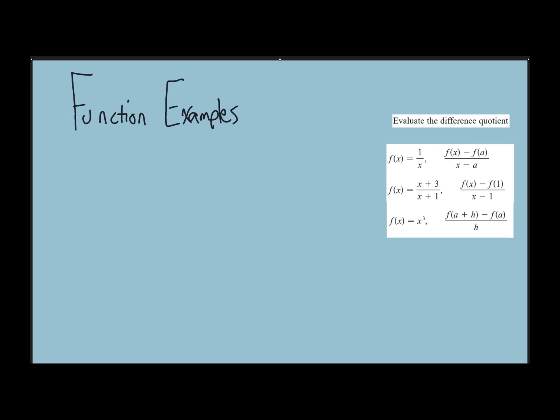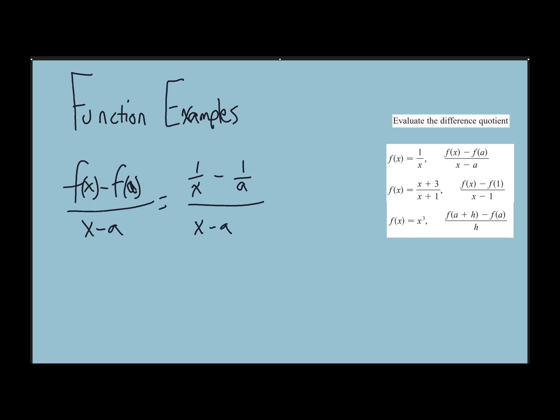That's all that is. So the first one is f of x minus f of a over x minus a. And for us, that's going to be 1 over x minus 1 over a, over x minus a.